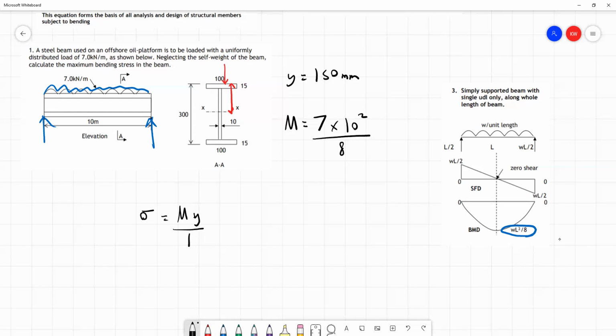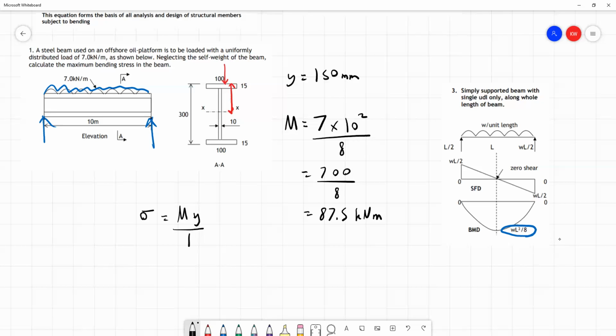So we have 7 times 10 squared divided by 8, which is 700 divided by 8, and we'll see what that is. That's 87.5, but be careful again, it's 87.5 kilonewton meters. So what's this going to be in Newton millimeters?